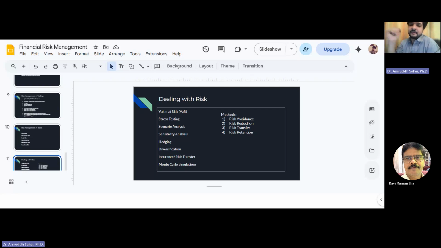The third term that is there is known as scenario analysis. In stress testing, we are only looking at the stressful scenarios, while in scenario analysis, we're looking at a variety of scenarios, maybe a worst case scenario and also a best case scenario, and in the middle, a neutral scenario as well. And you're assigning different probabilities to various kinds of scenarios.